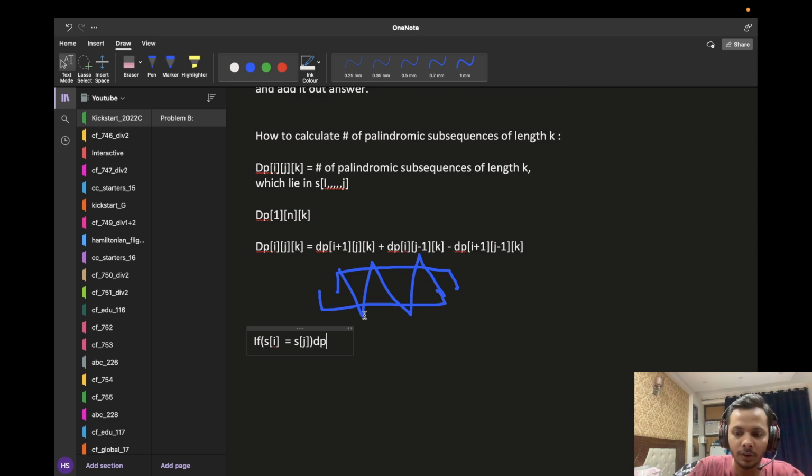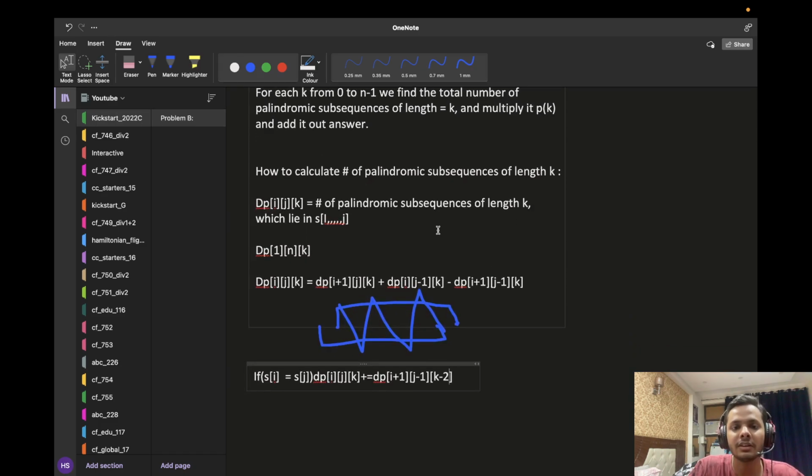So we write dp[i][j][k] plus equal to dp[i+1][j-1][k-2], because for any palindromic subsequence of length k minus 2 which belongs to the middle region from i plus 1 to j minus 1, we can add S[i] and S[j] to its front and end respectively, and we will again get a palindromic subsequence whose length will be exactly equal to k, right? So these are the transitions which I have described briefly.